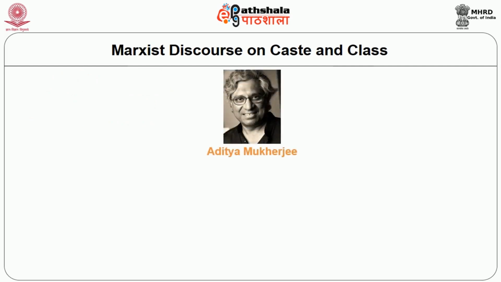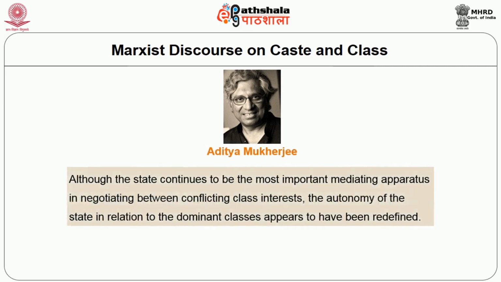Chatterjee also deviates from the classical Marxist school. He presents his arguments in the period of post-liberalization, that is, post-1991. He argues that although the state continues to be the most important mediating apparatus in negotiating between conflicting class interests, the autonomy of the state in relationship to the dominant classes appears to have been redefined.